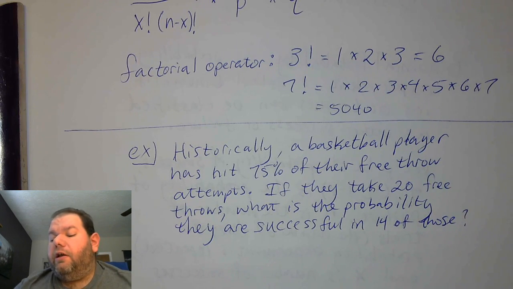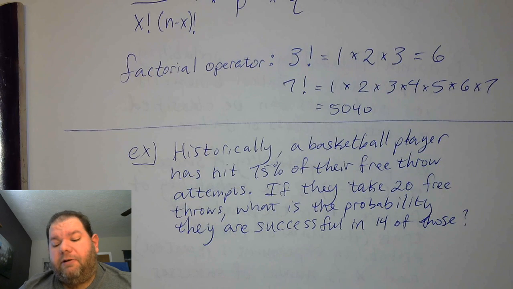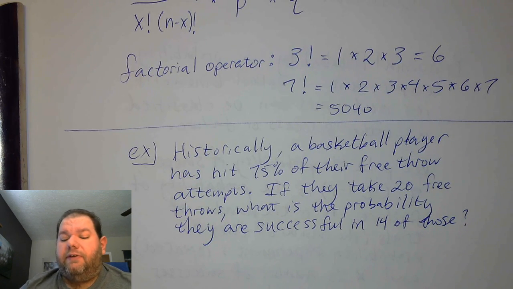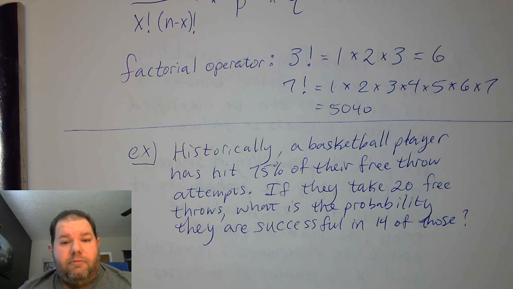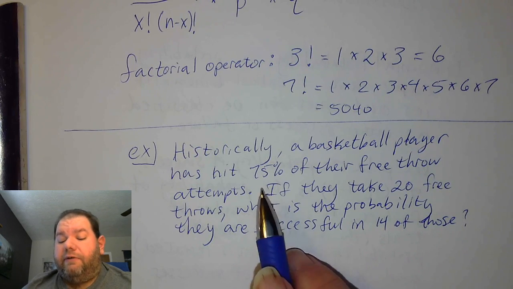Okay. Now, the reason this is a useful example for binomial probability is that it is very clearly defined what success and failure is in this case. Either they make the shot and the ball goes into the basket, or they miss it, however that happens. And so we know that they have a success rate of 75%.